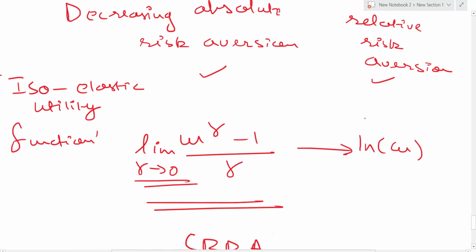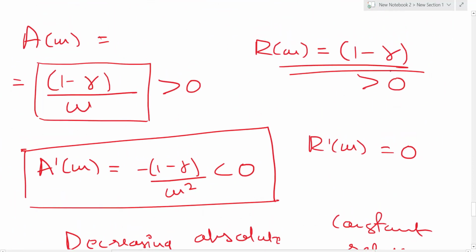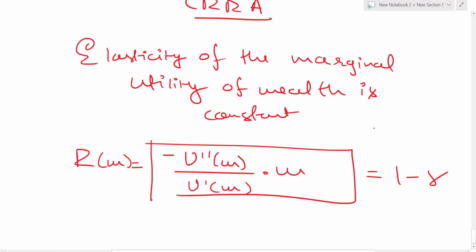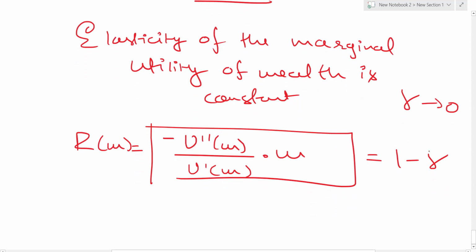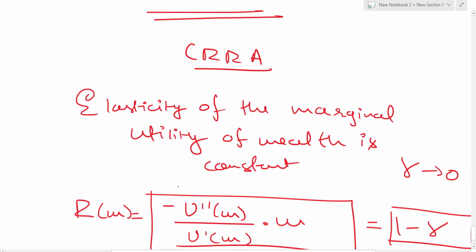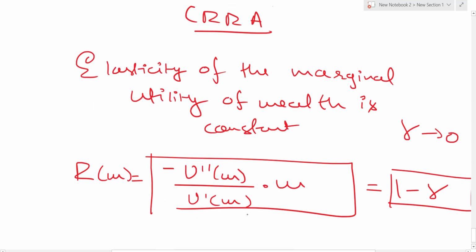So in this case, your relative risk aversion turned out to be 1 minus gamma, and if you make gamma tend to 0, your relative risk aversion would just become 1, which was the case of log utility. So in both these cases this term is constant, which is the same as the elasticity of marginal utility of wealth, also called the measure for relative risk aversion. Let's move on.